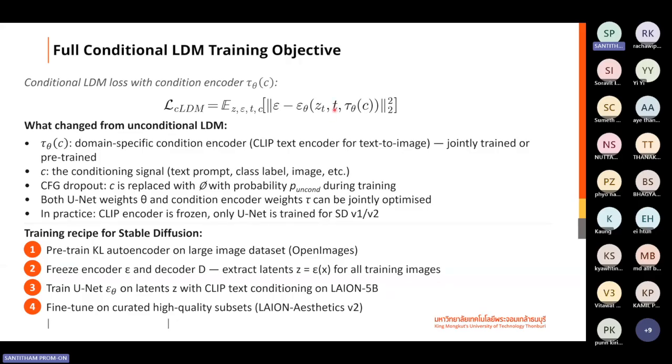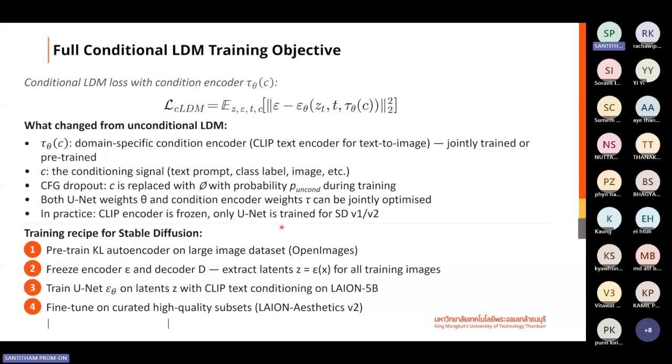If it's t=1000, you get pure noise. At t=0, you get a pure image. It also depends on the condition, tau theta, which depends on the condition. What we try to optimize is the prediction of noise here. This is the domain-specific condition encoder from CLIP.